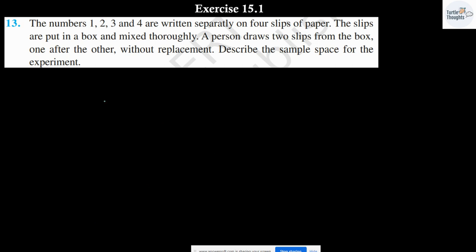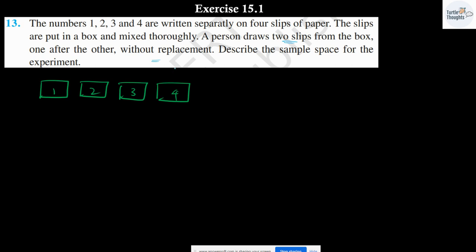They have given that the slips are numbered 1, 2, 3, and 4. When two slips are drawn without replacement, what is going to be the total sample space? That is the question.